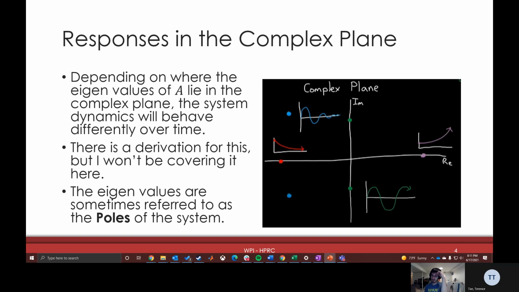On the right-hand side, like the purple dot, if your poles land right there, the system goes away from your point. It's unstable. Whereas on the left, you have everything converging to zero, and that's stability.